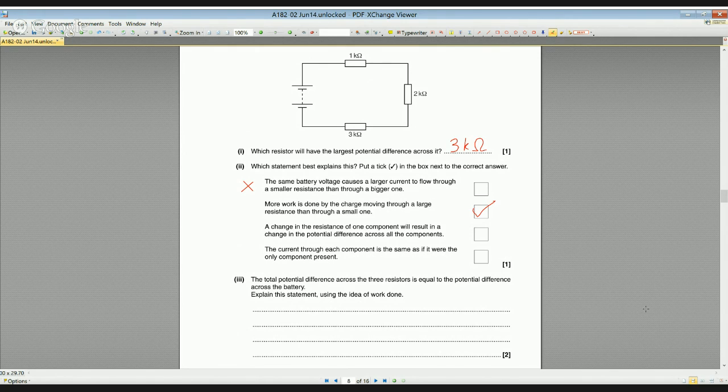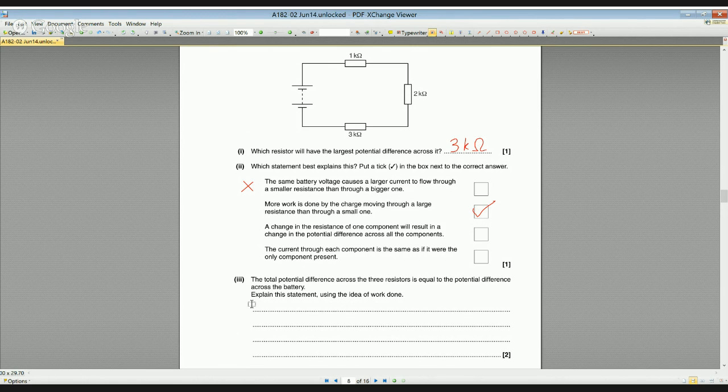And then those charges, as they flow around the circuit, when they pass through resistors, they are doing work on the resistors. So the battery is taking chemical energy and doing work on the charges to give them electrical energy. When the charges reach the resistors, they are doing work on the resistors to produce heat energy. The resistors heat up. That's what happens when current passes through them.